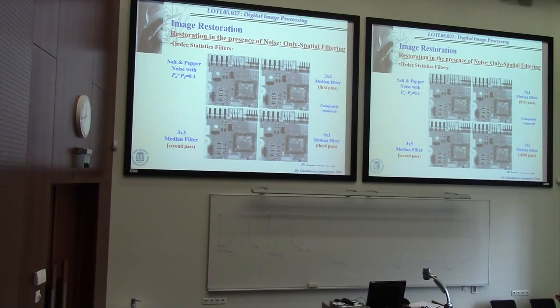Here you can see an example of an image that had some salt and pepper noise added to it. Then it's shown after applying the median filter. Then when we apply the median filter again on this image, you can see this is the second pass, and for the third pass we have this image.